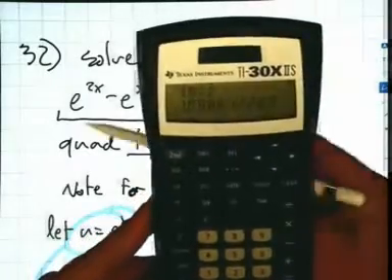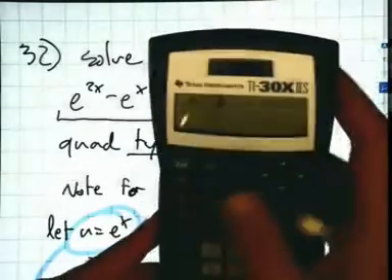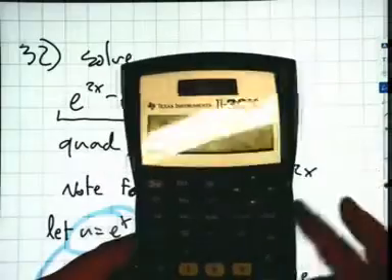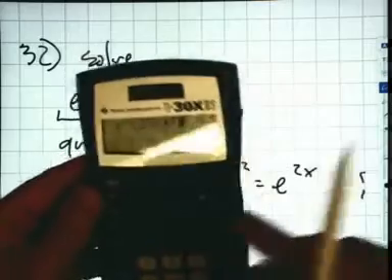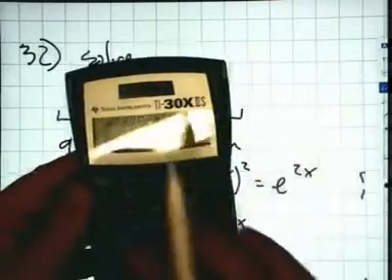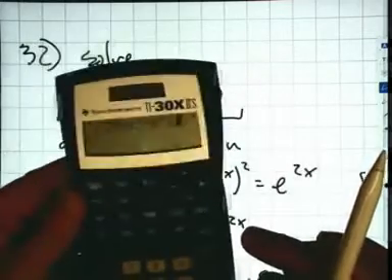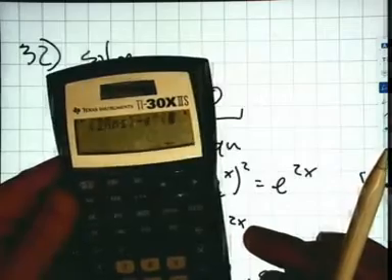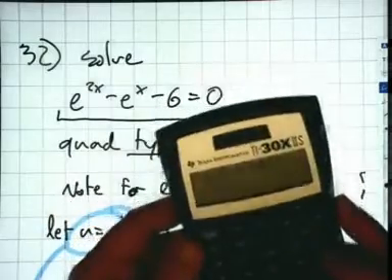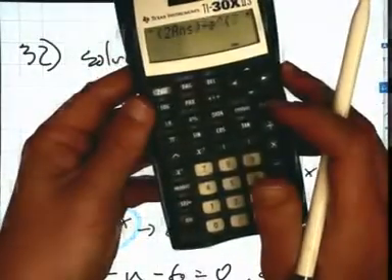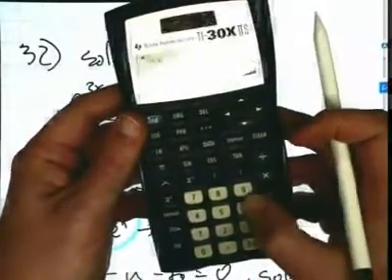I'm going to plug it into this expression. So we have e raised to 2x, so that's going to be 2 times recall that answer, close parentheses, minus e to the recall my answer, and then minus 6.